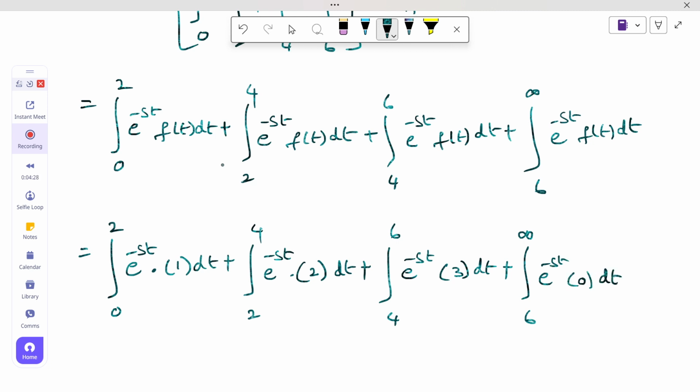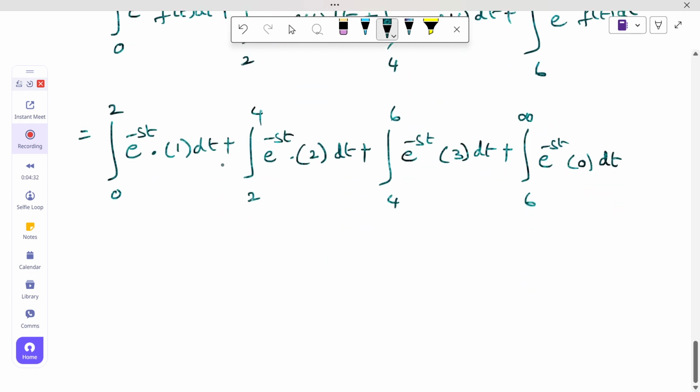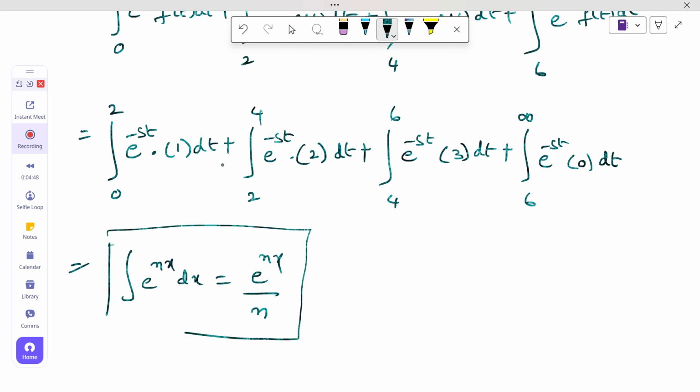The last integration will anyhow become 0. Now the integration of e power nx dx equals e to the power of nx by n. This is the formula. In place of n, what do you have here? Minus s.